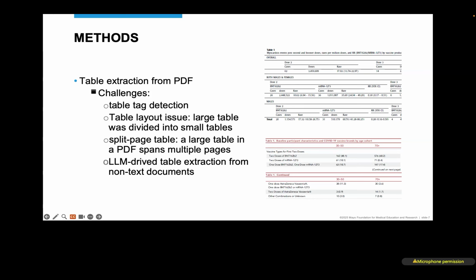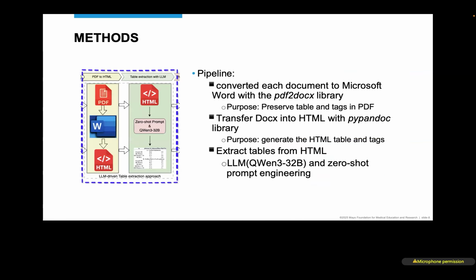If we feed the binary string to the large language model, it is a very big challenge for it to extract anything from the PDF documentation. So we designed this pipeline.